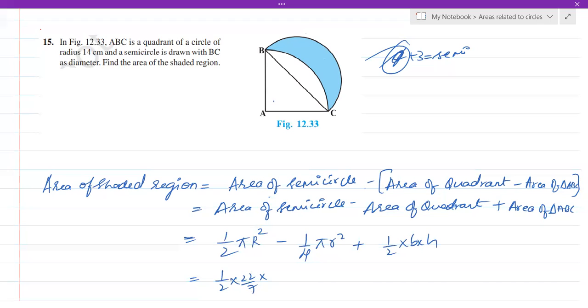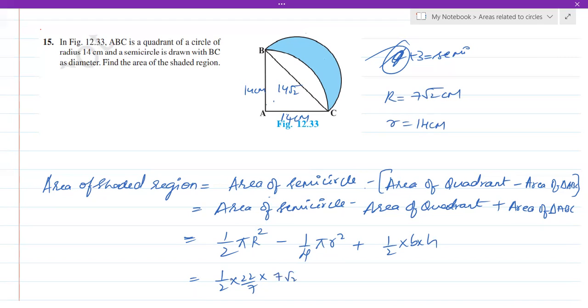So BC value is not given directly, it is given indirectly. AC is the smaller radius. So this is 14, this is 14. If you use Pythagoras theorem, we get 14 root 2. That's the diameter length. Therefore, the capital R will become 7 root 2 centimeters. And the smaller r is actually 14 centimeters.